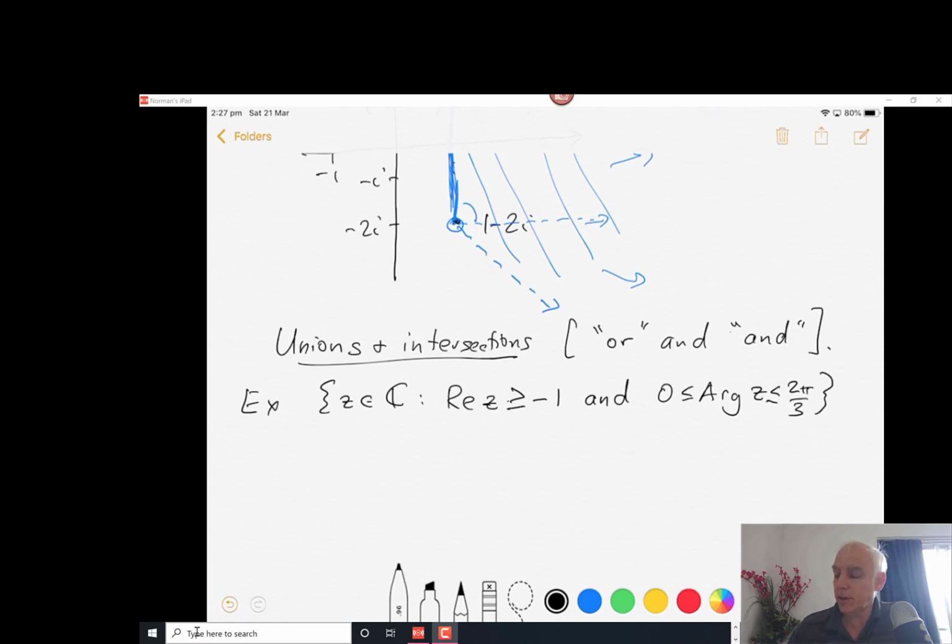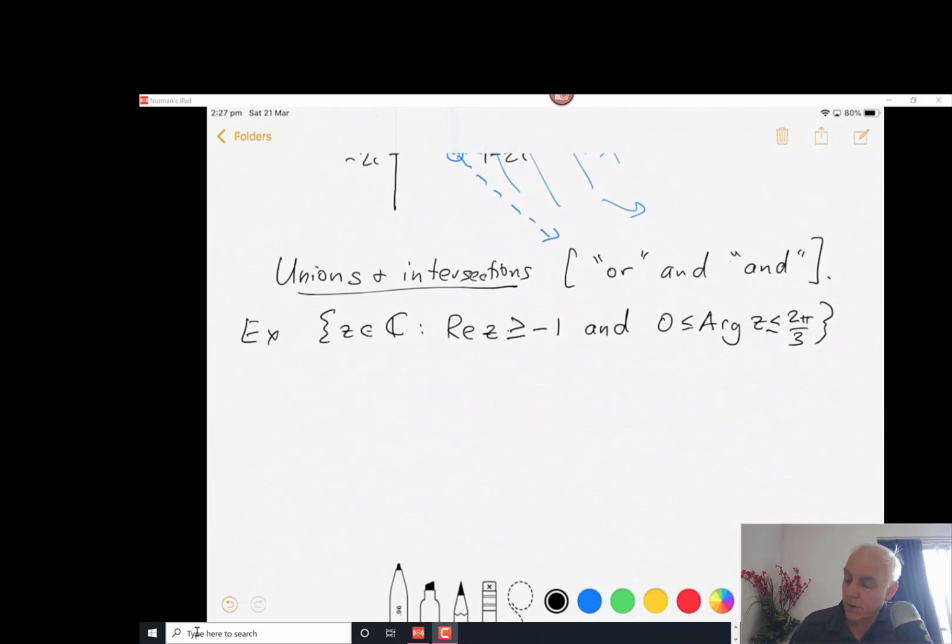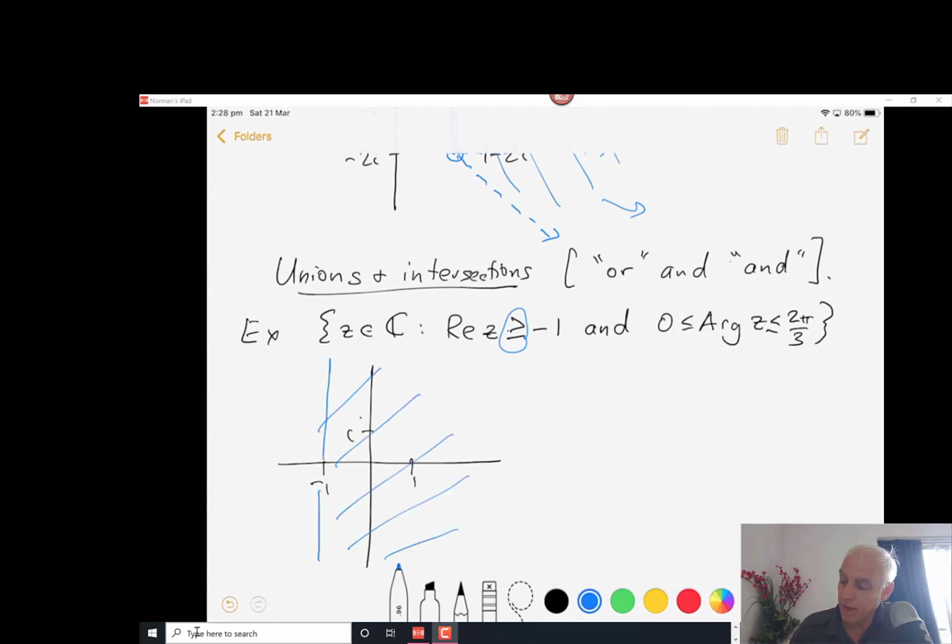Okay, so let's have a look at what that means. We draw our axes. There's two separate regions here, so let's draw them first. We'll label the axes. The real part of z bigger than or equal to minus 1. Here's minus 1. This is a greater than or equal to, so we're including the boundary. There it is. That's the first region. The second region, maybe I'll draw it in a different color.